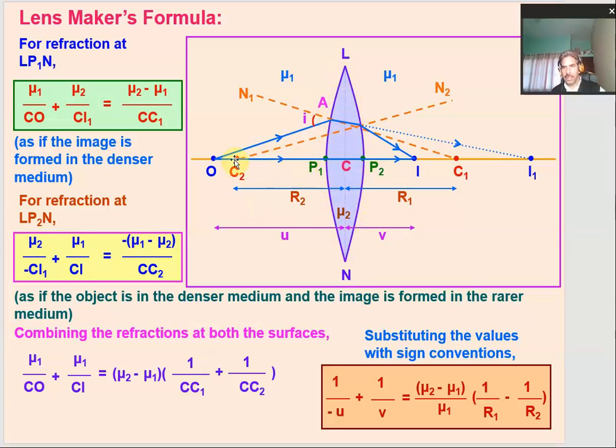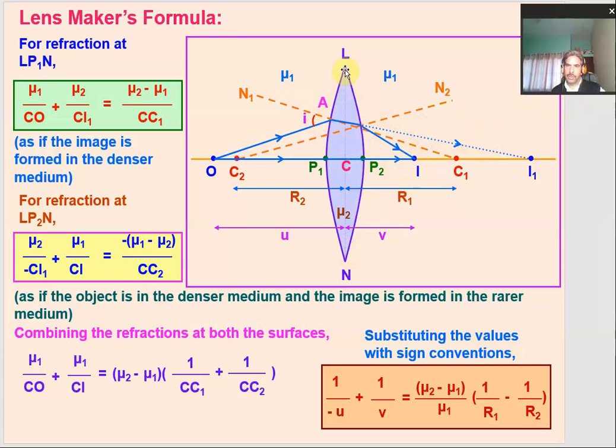Here the object is placed on the principal axis, so the light ray coming from this object meets this lens at its first surface LP1N, at point A. If there is no second surface, then the glass medium would have extended to a longer range, and the final image would have been formed by this refracted ray meeting at point I1. But now because there is another surface LP2N, the light ray bends away from the normal at this surface and meets the principal axis at a closer point I, right?